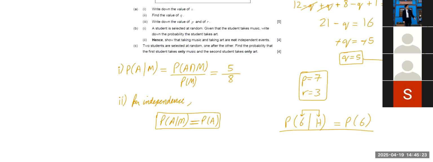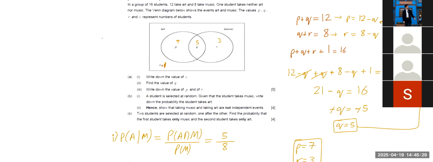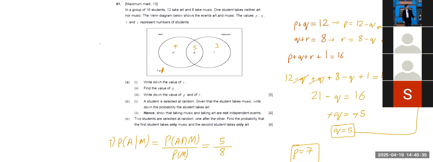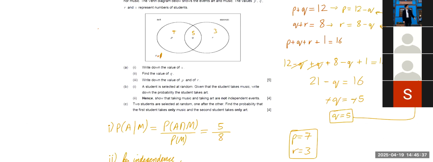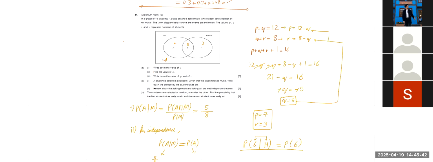Now, we already know the value of this. It's 5/8. What's the value of the probability of A? Anybody? Probability of A. Jessica, Sophia? What's the probability of art? 7 plus 5.